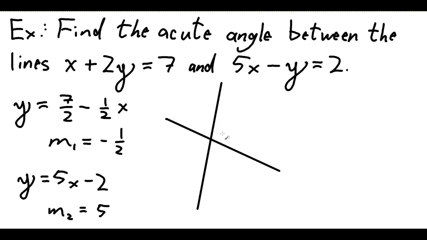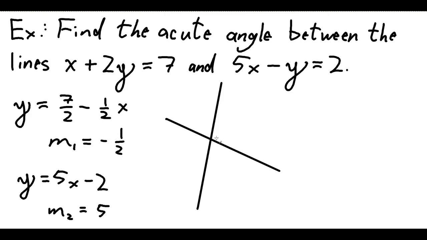So these lines intersect someplace. We don't actually care where in the plane they intersect. We just care about how they intersect, right? Now, knowing these slopes, we can come up with vectors that describe these directions. So this first slope, negative 1/2, we can think of as negative 1 over 2, or 1 over negative 2.